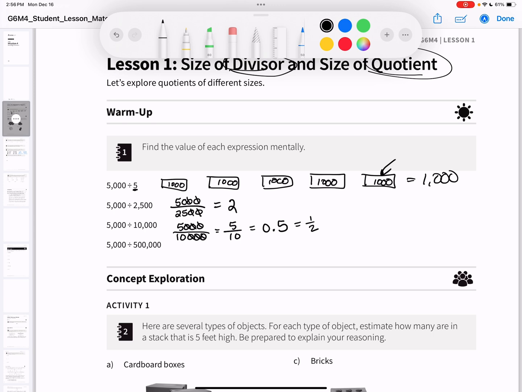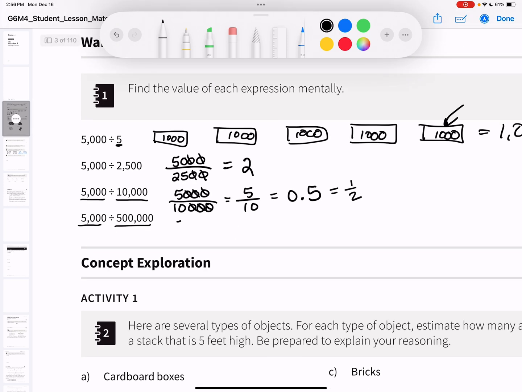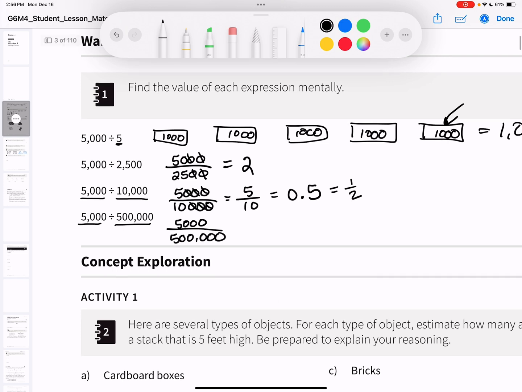If you notice, when my first number is smaller than my second number, we are going to get a decimal form. So here we go. 5,000 divided by 500,000. Again, we're going to get a decimal form. It's going to be smaller than 1 on this. Now I can divide by 1,000 for each one, so it takes off 3 of those zeros.